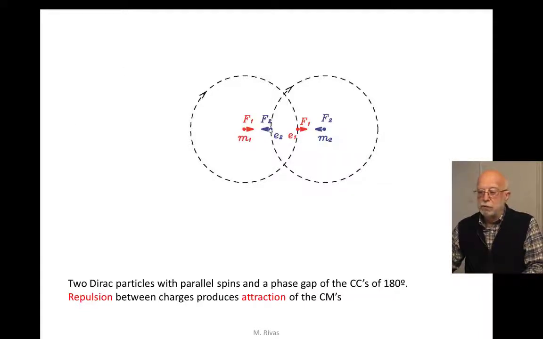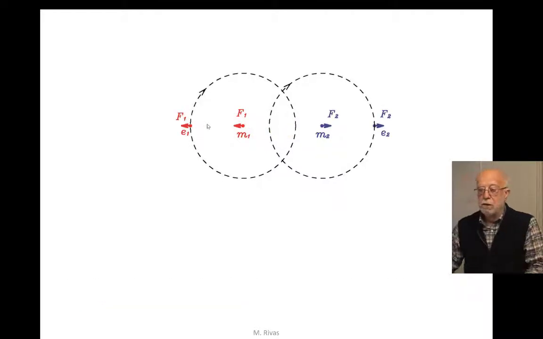When the blue electron's charge has gone to the other side, and the red one is on the other side, what we see is this. Here the repulsive force between charges also produces a repulsive force between the center of masses.